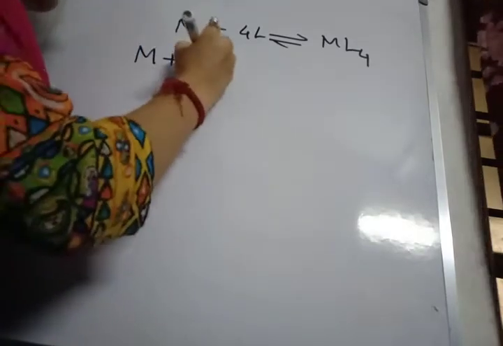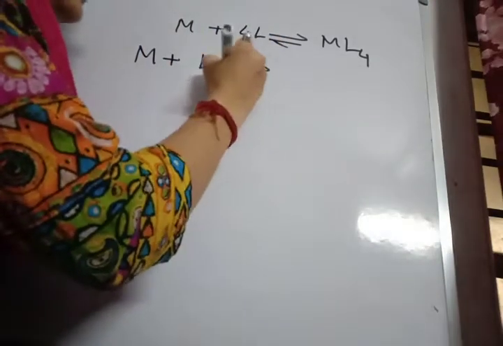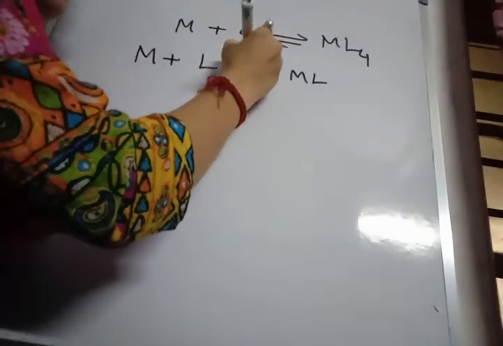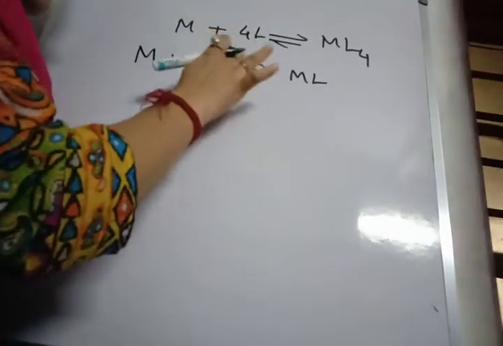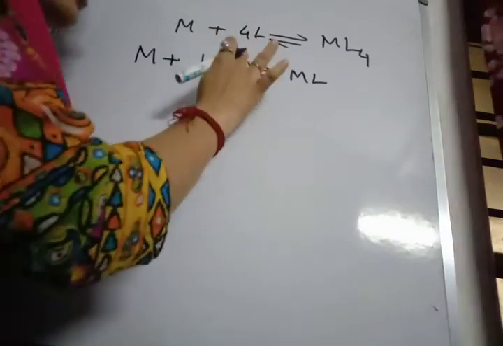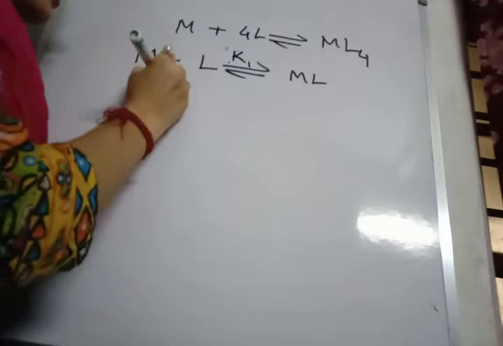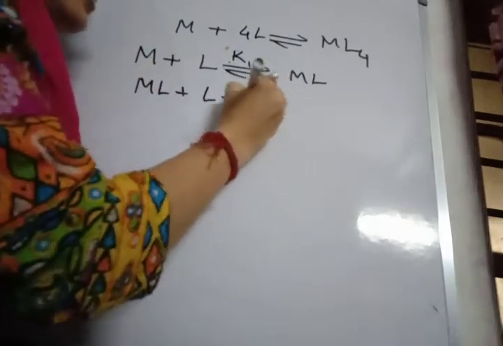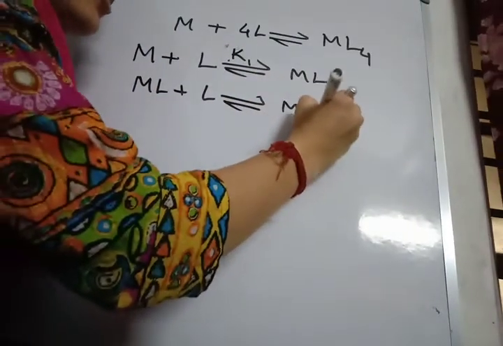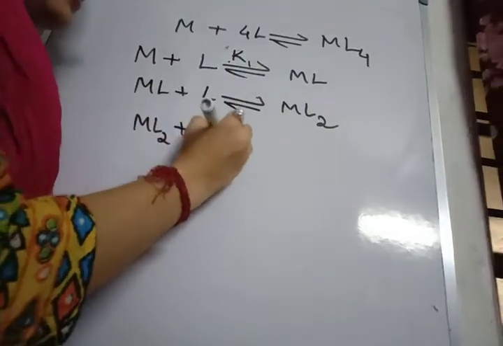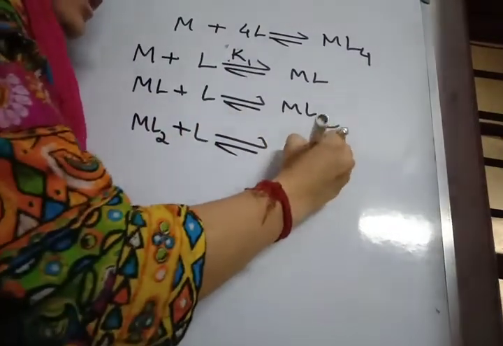So first one, M plus L forms ML complex, K1. Next, ML plus L, reversible, ML2. Then ML2 plus L, reversible, ML3.